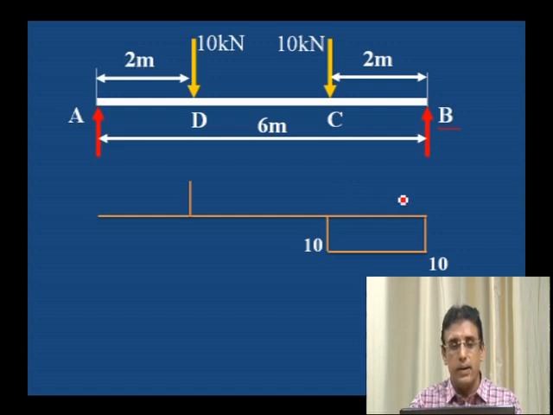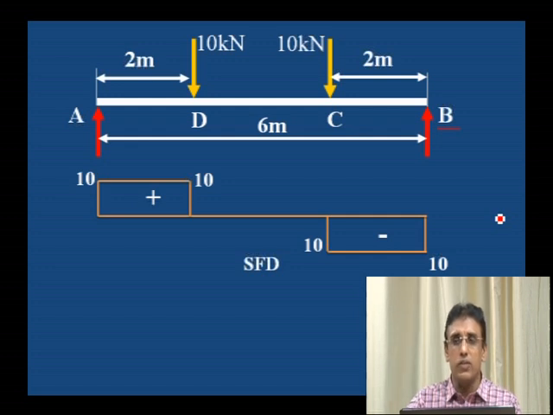Again at D, 10 kilonewton, and it remains constant. What we can observe is shear force is 0 from D to C, and at the left support and right support it is 10 kilonewton. This is the shear force diagram.